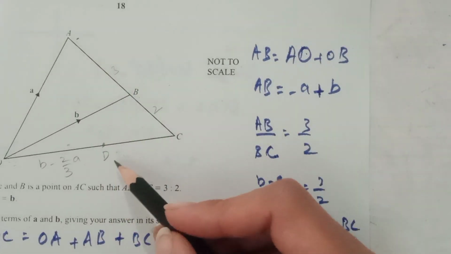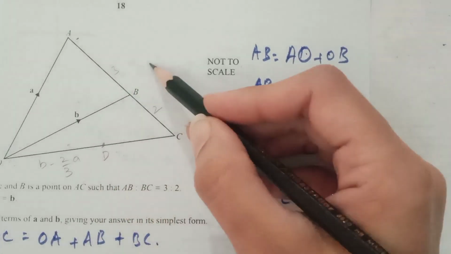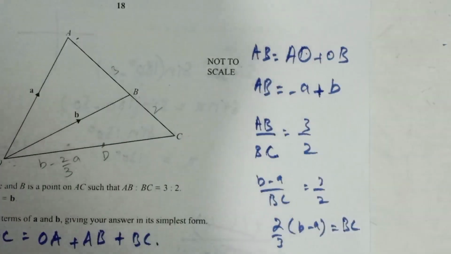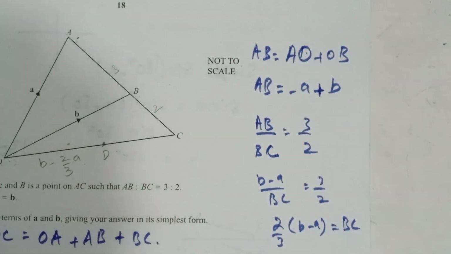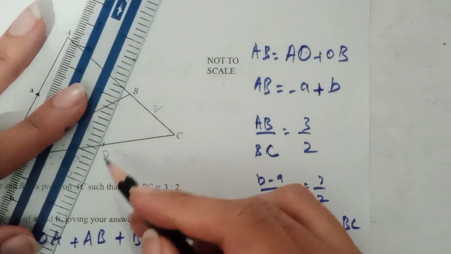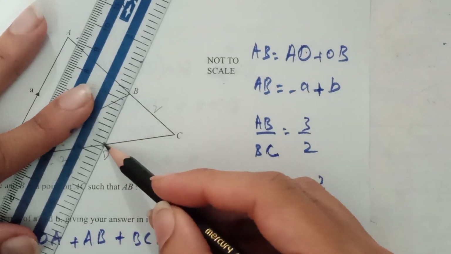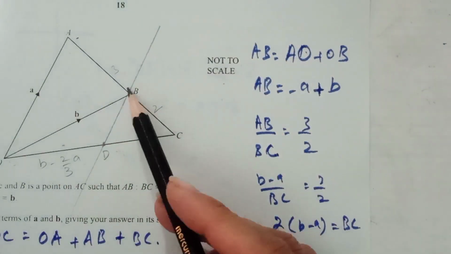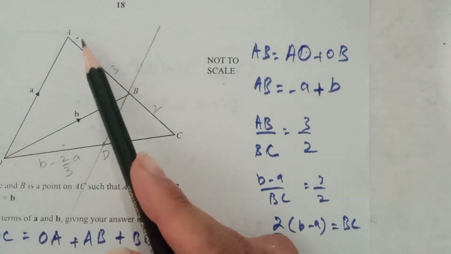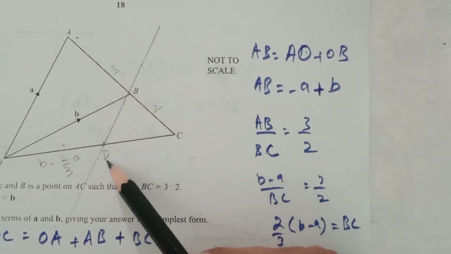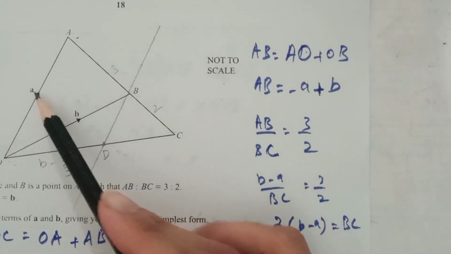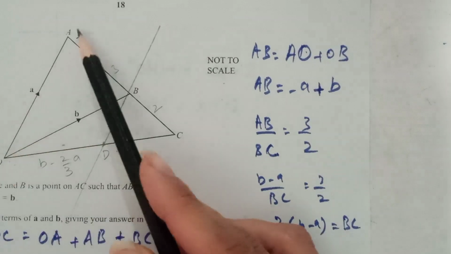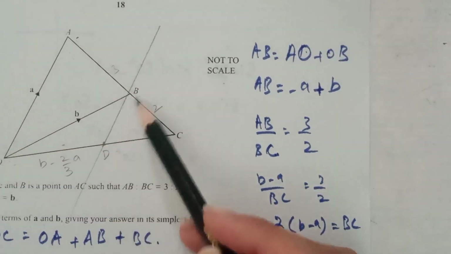OA and BD are the two lines. That is the shape of trapezium OABD. If this shape is a trapezium, it means OA is parallel to BD.